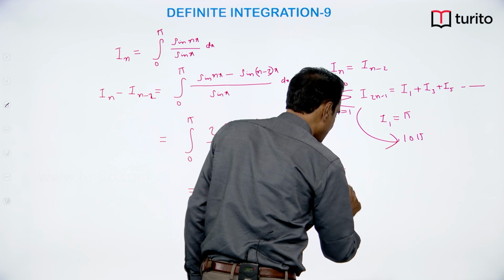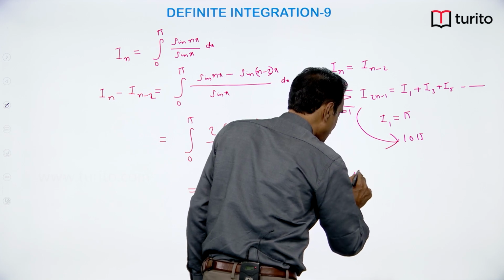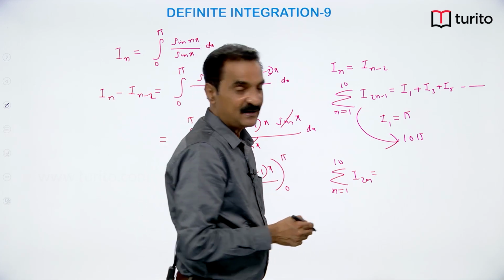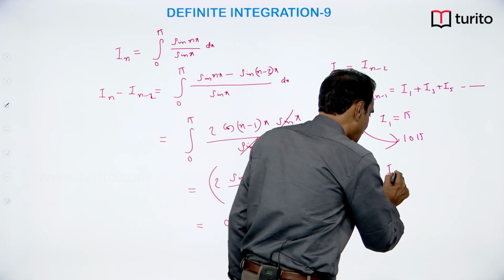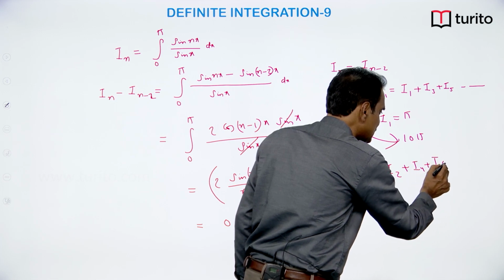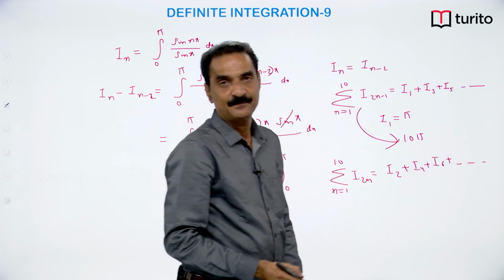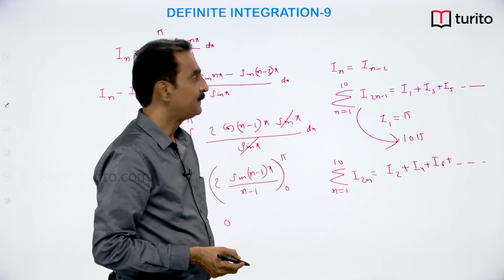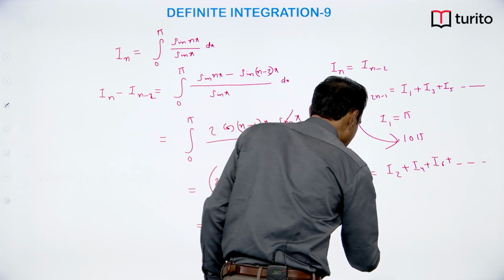Putting the values of n, you will get I2 plus I4 plus I6 and so on, 10 terms. So here let us find I2.